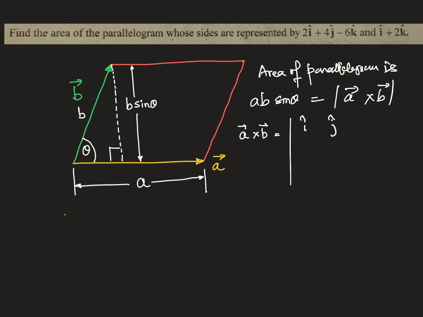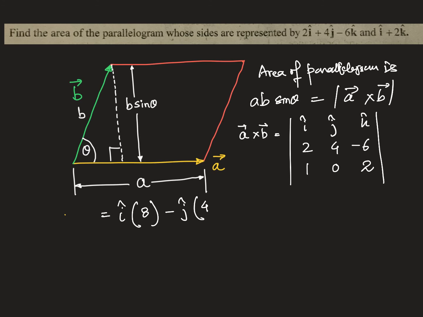I cap, J cap, K cap, then 2, 4, minus 6, then 1, 0, and 2. That means it is I cap multiplied by 4 into 2, 8, minus 0, minus J cap multiplied by 4 minus 1 into minus 6, which means plus 6.